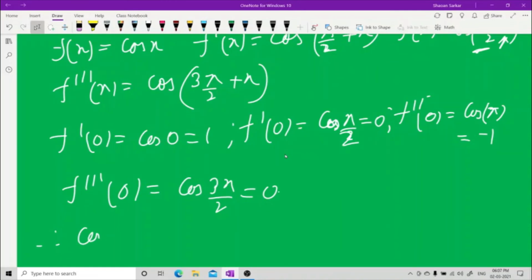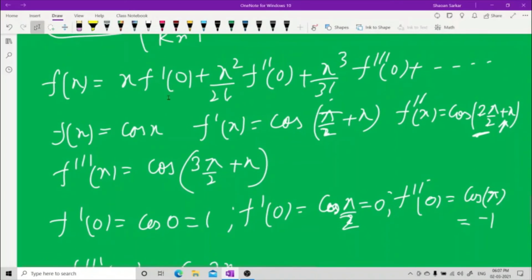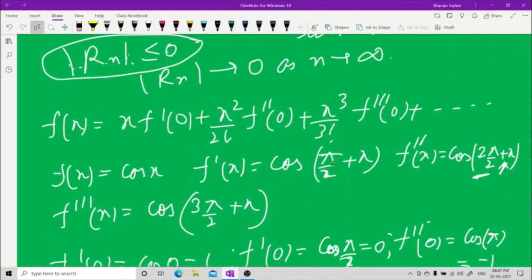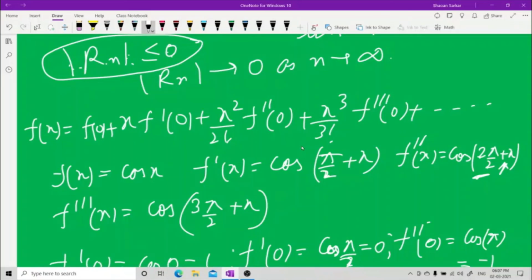Therefore cos x can be written, using this complete expression, as f(x)... I forgot to write one thing here. I forgot to write f(x) equal to f(0) plus x.